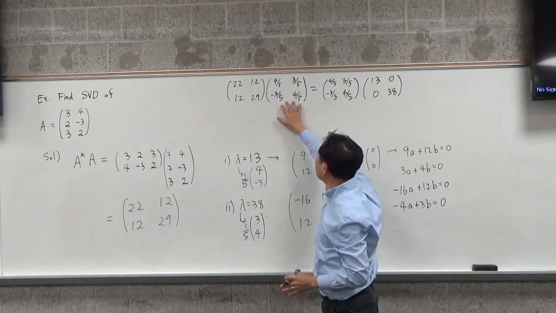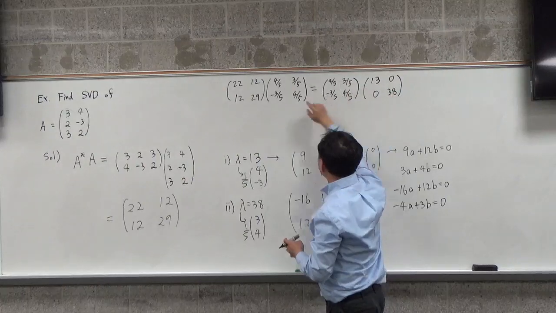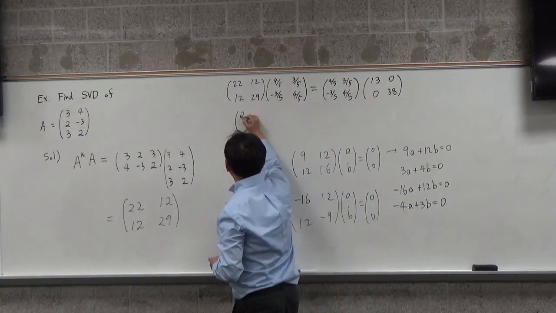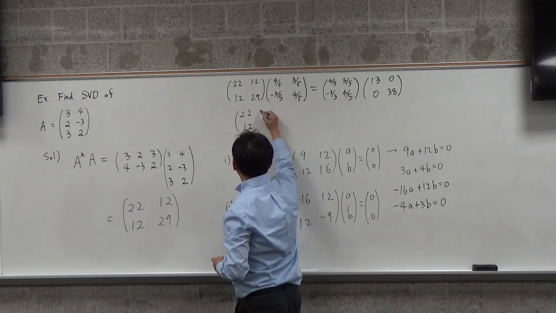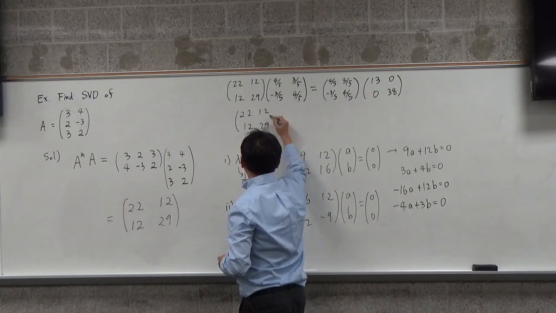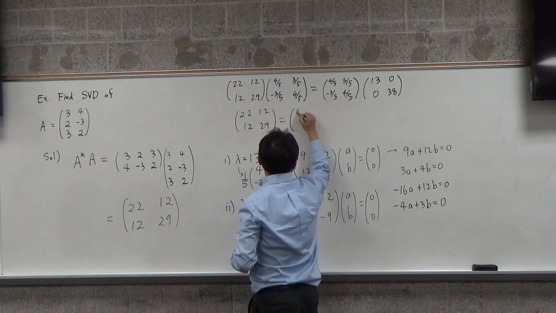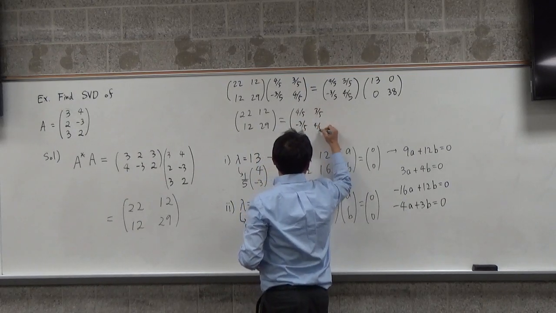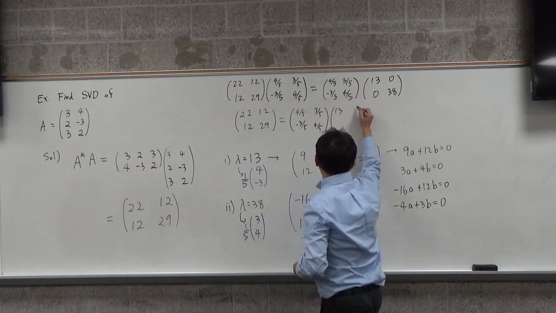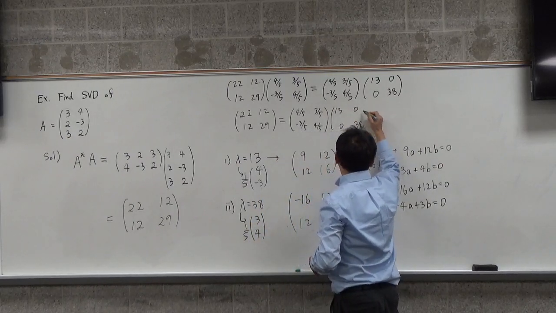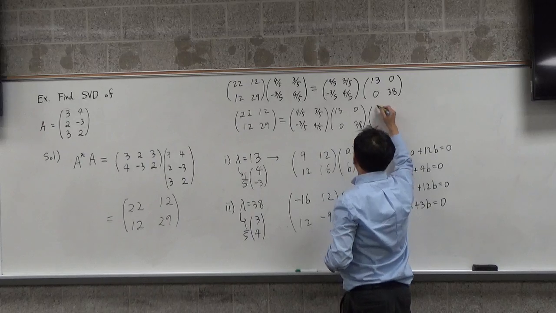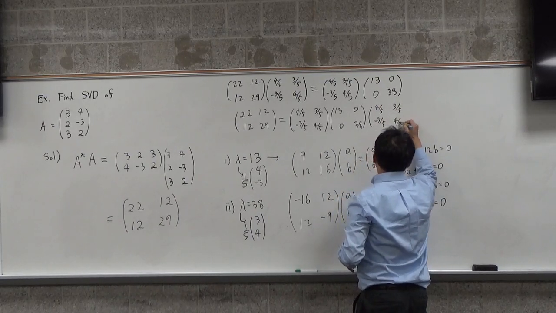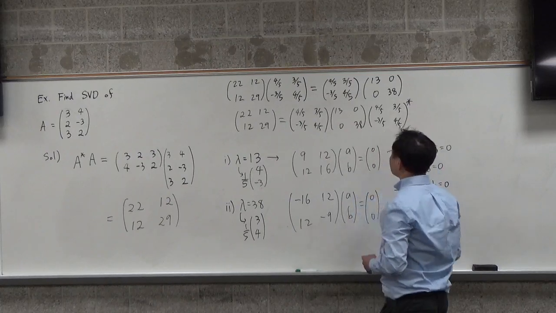So if I multiply the transpose of this, both sides, so that this cancels and you get the other sides, you get 22, 12, 12, 29 equal to 4/5, negative 3/5, 3/5, 4/5, 13, 0, 0, 38, and then 4/5, negative 3/5, 3/5, 4/5, star.